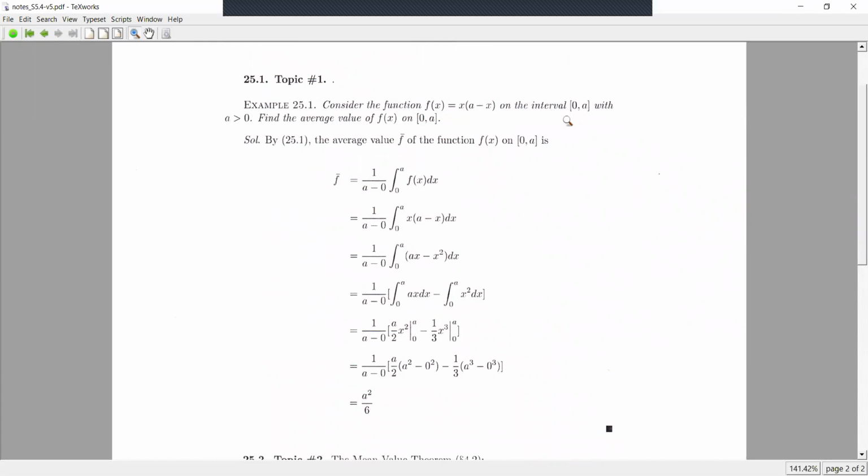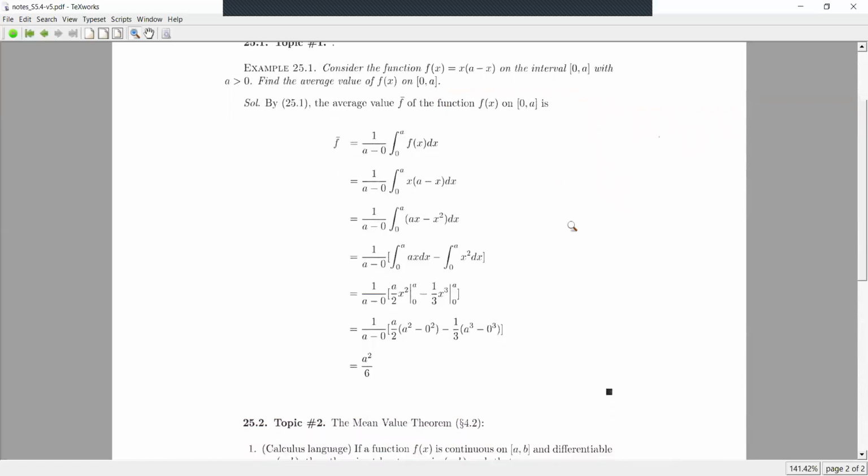Now, the question is, compute the average function value of this function on this interval. Now, we need to use the average function value formula. By formula, the average function value is this integral.